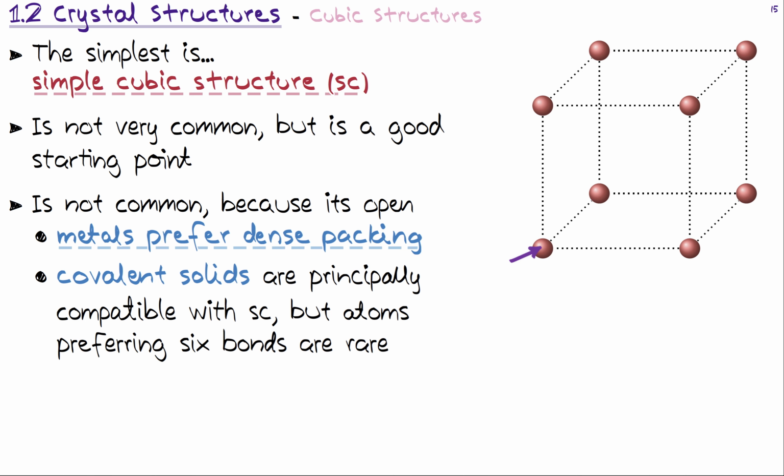Depending on the number of valence electrons of the specific atoms, we may not have a case where the atom would like to have 6 bonds surrounding it. So that's the downside of this simple cubic structure.